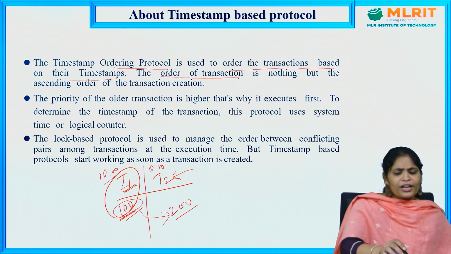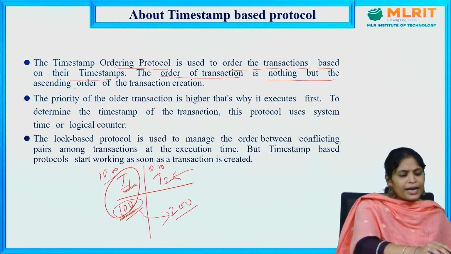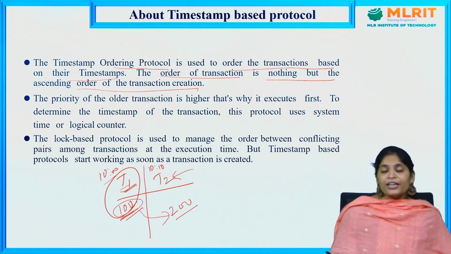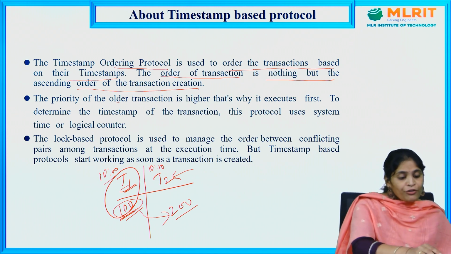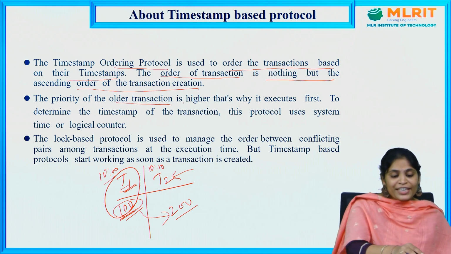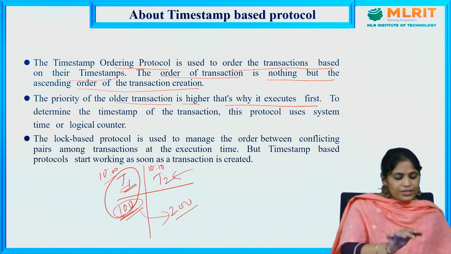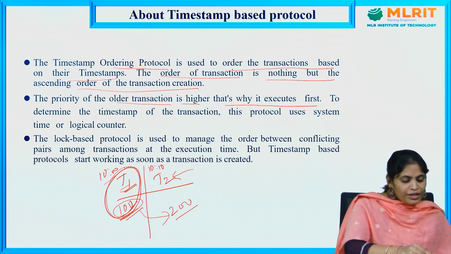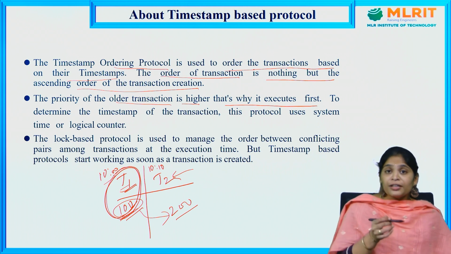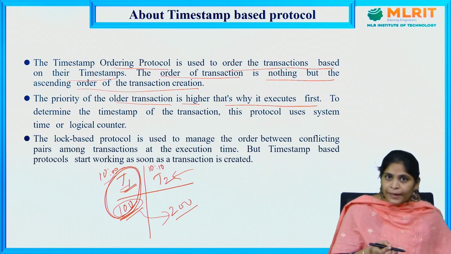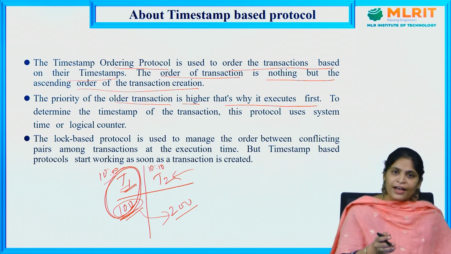The order of transactions is nothing but the ascending order of transaction creation. The priority of the older transaction is higher, that's why it executes first. Whenever a transaction enters first, that transaction will be executed first, and later the next transactions which have entered.